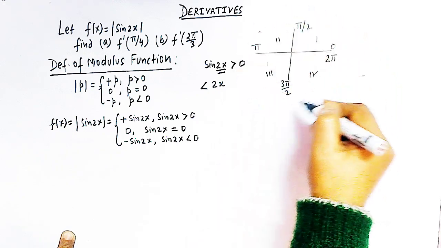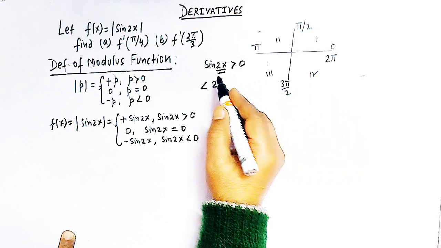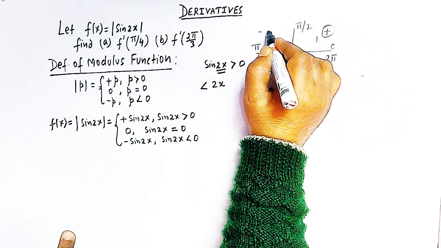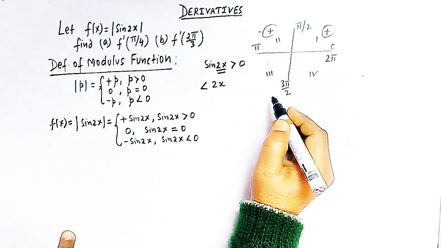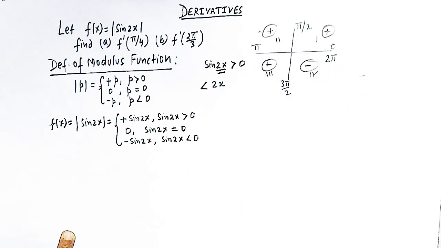From the sign convention of trigonometric functions, we know that the sine function is positive in the first and second quadrant, and negative in the third and fourth quadrant.